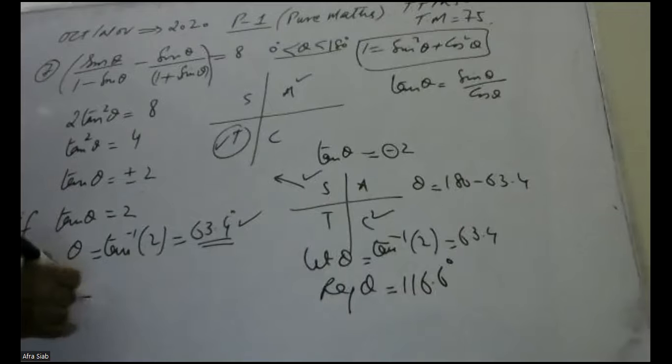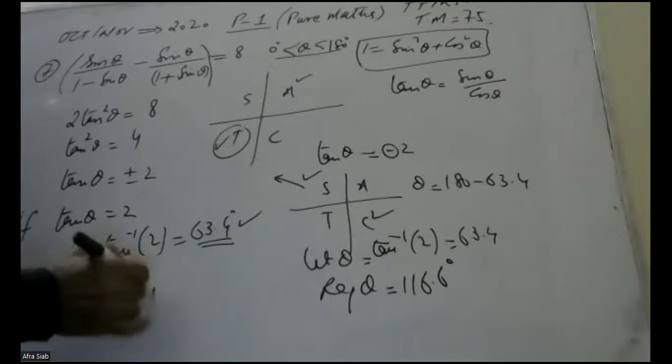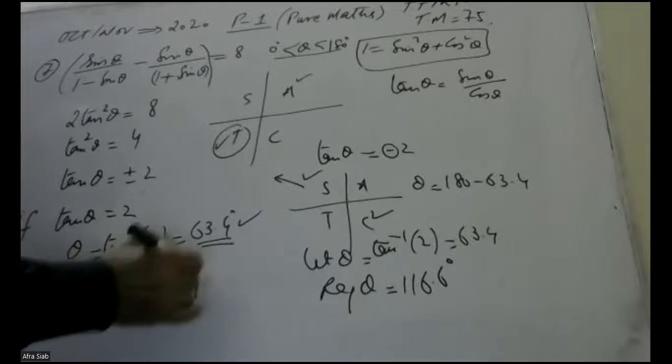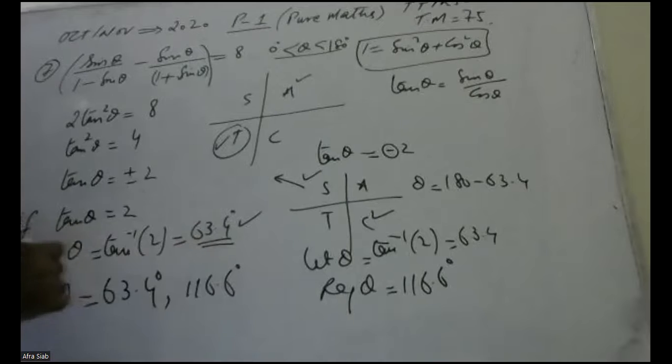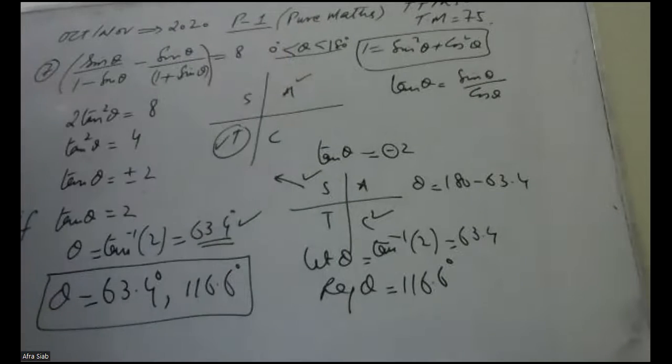So there are two angles. One is 63.4 and one is 116.6 because the range is given there from 0 till what? 180.